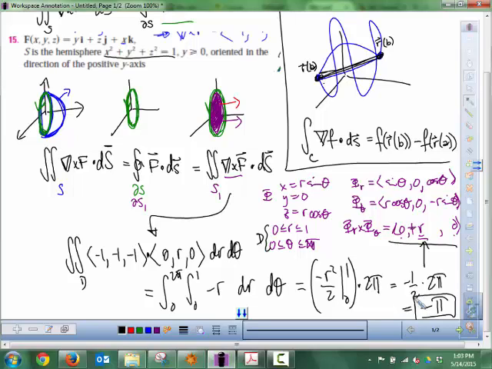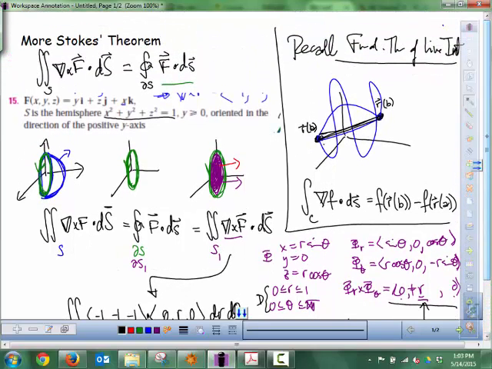Okay, is this good? So now the power of Stokes' theorem isn't just this connection between a surface or flux integral and a line integral, but also the fact that no matter how complicated your surface is, if you're finding the flux of the curl over some complicated surface, you can either compute it over its boundary, or you can simplify the surface into something that would be simpler.